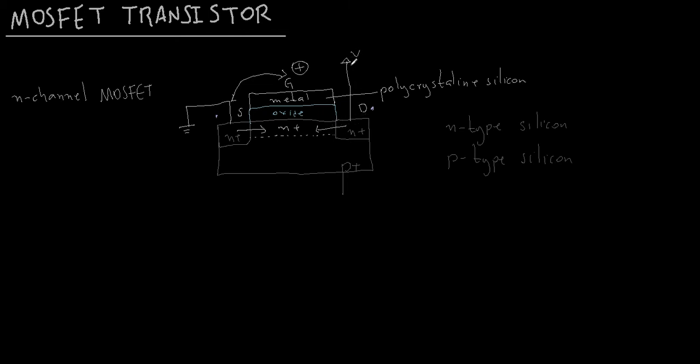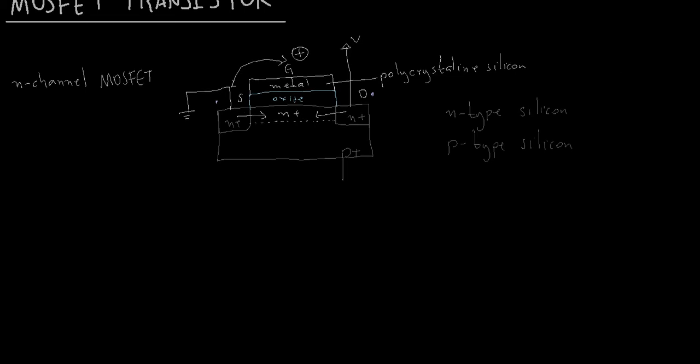So okay, let me draw the schematic symbol for the MOSFET. Now there are many types of symbols. I'll draw a simple symbol for the N-type MOSFET, the N-channel MOSFET. So this is the drain, this is the source, and this is the gate. Here we have the voltage V. Here we have ground.